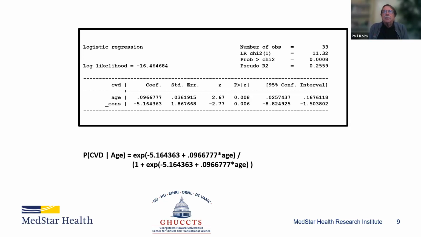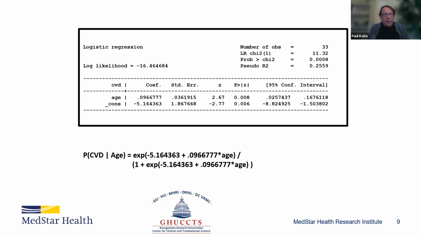The 95% confidence interval does not include 0, which if it's statistically significant, that would be the case. If the confidence interval includes 0, then it's not going to be statistically significant. And so at the bottom here, we can calculate the probability of cardiovascular disease at any particular age.